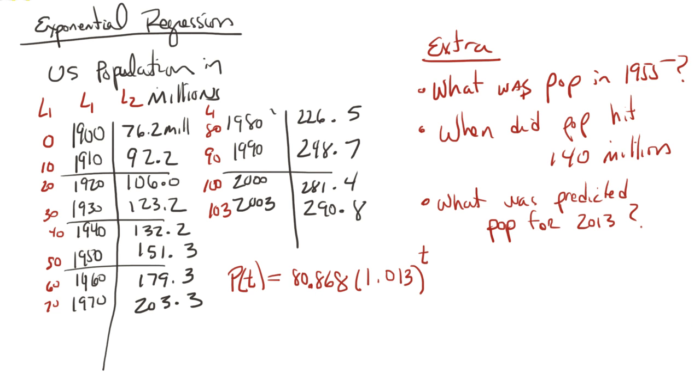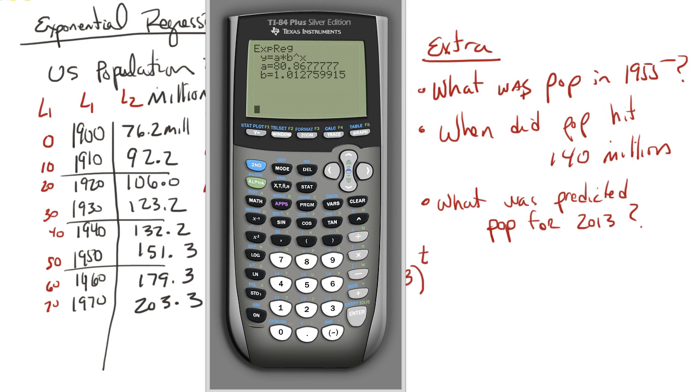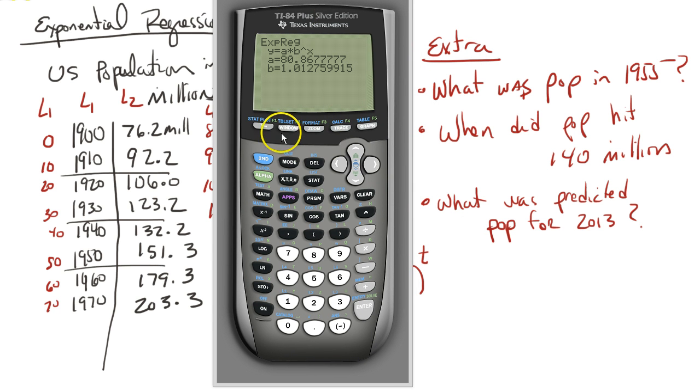So I am going to graph this thing, actually. So let's look at our calculator here. Our numbers went to 103 for the x. So I'm going to clear this out and type in our equation. The more decimals, the better.